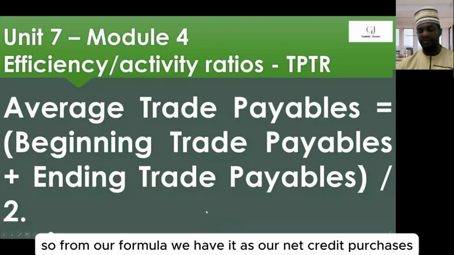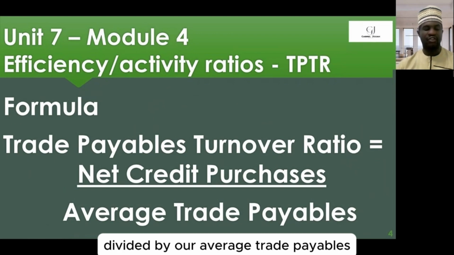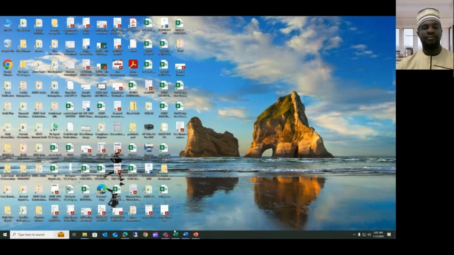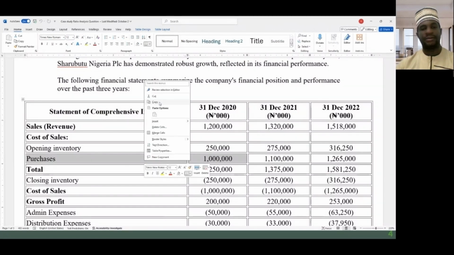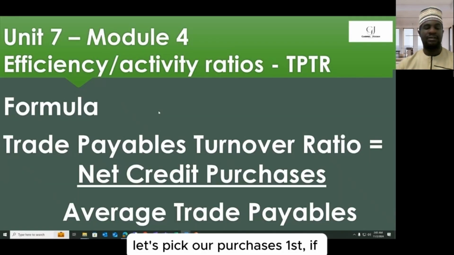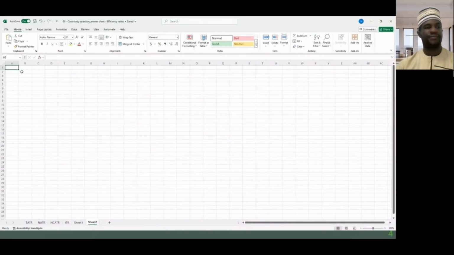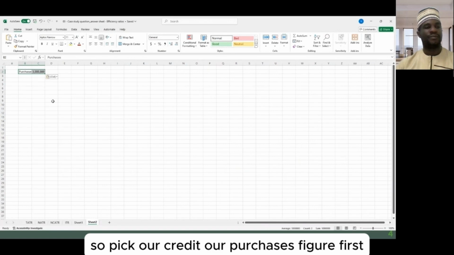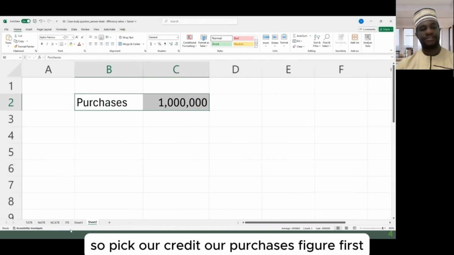So from our formula, we have it as our net credit purchases divided by our average trade payables. So very well, let's pick our purchases first. If you have your calculator, just follow.